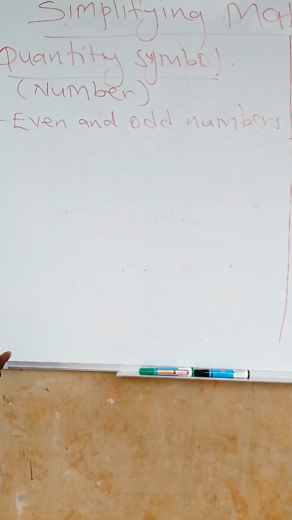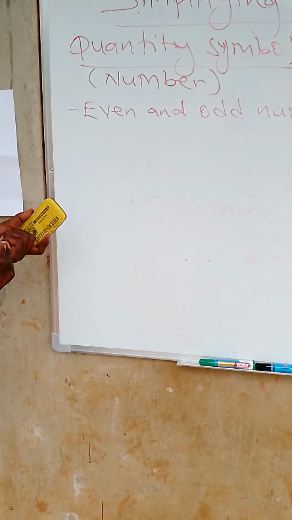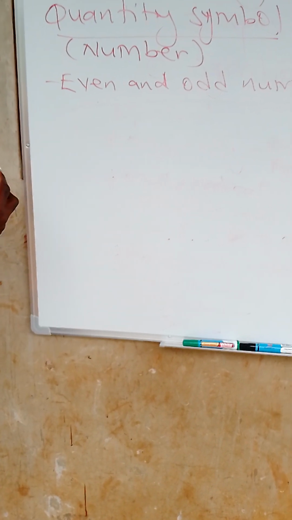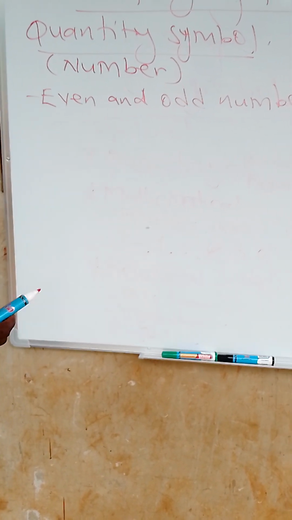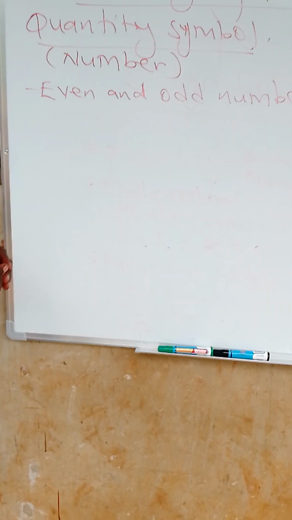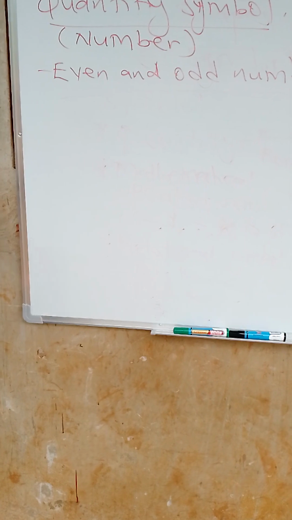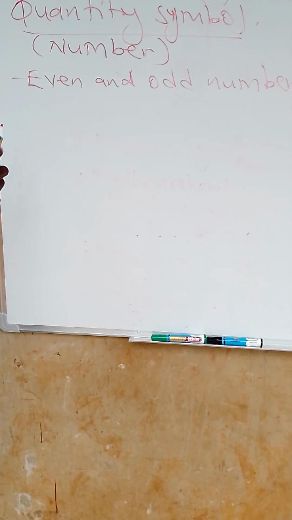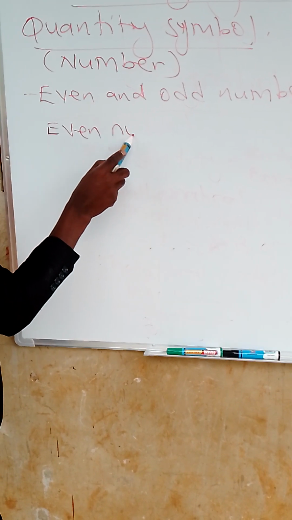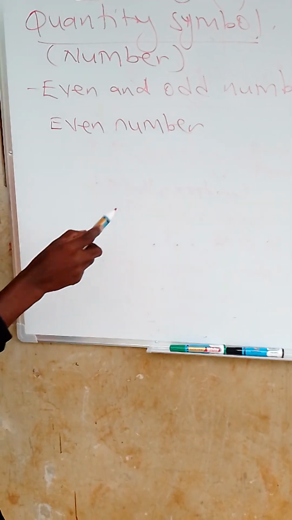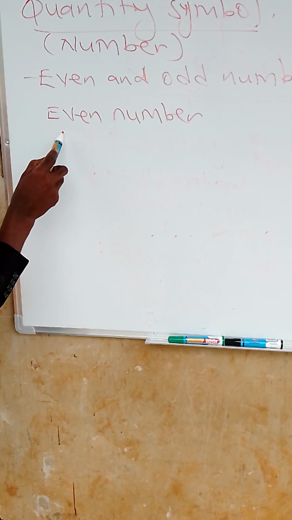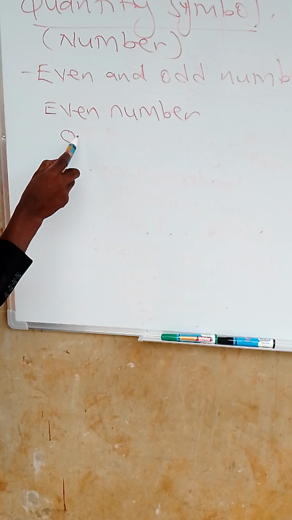Any even number or any odd number is determined by the factor 2. A number that is divided exactly by 2 is called an even number. The first even number we have is 0.